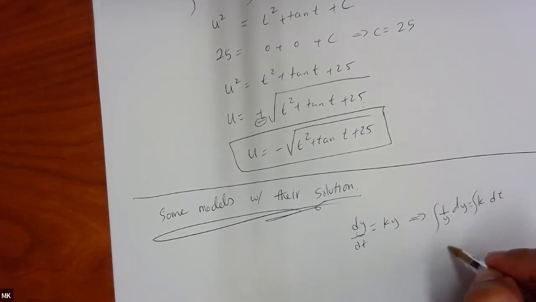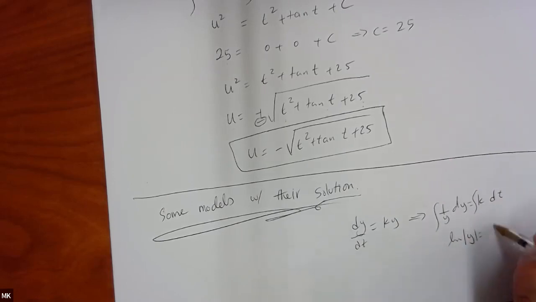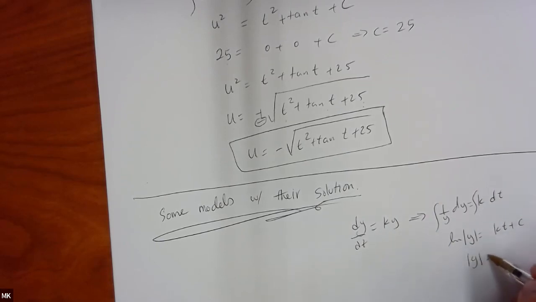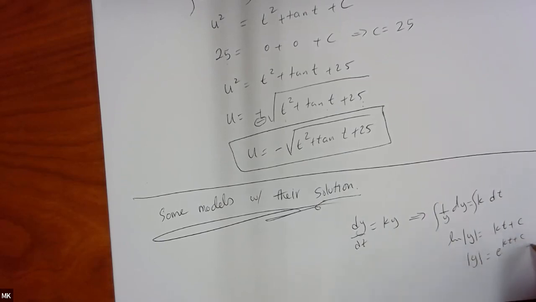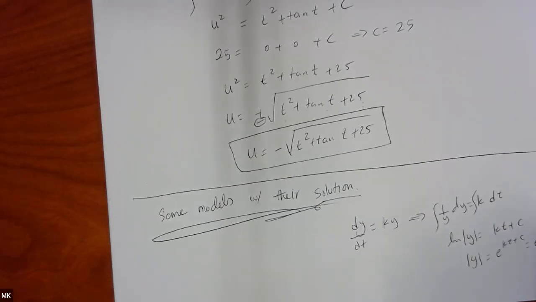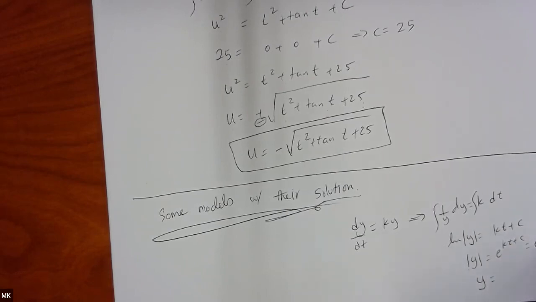Integrate both sides, and you get natural log of y is equal to kt plus c. So y is equal to e to the kt plus c, or e to the kt times e to the c. That's a constant. e to the c is always positive, not even equal to 0, because then it would collapse. But since I have an absolute value, I can remove it and replace the e to the c with just a constant a.